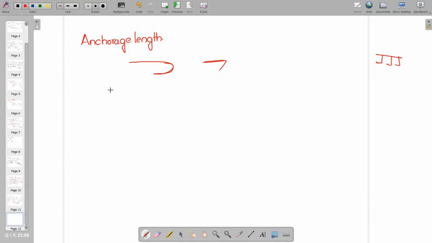You can say anchorage length means a bend of longitudinal reinforcement, which is equivalent to the length of a straight bar.